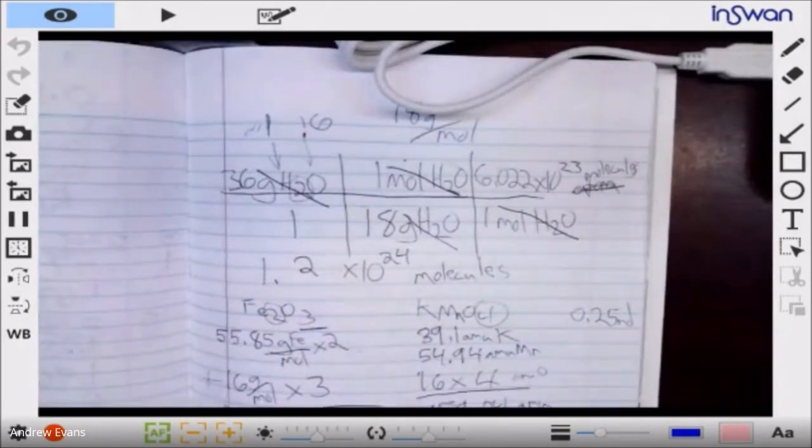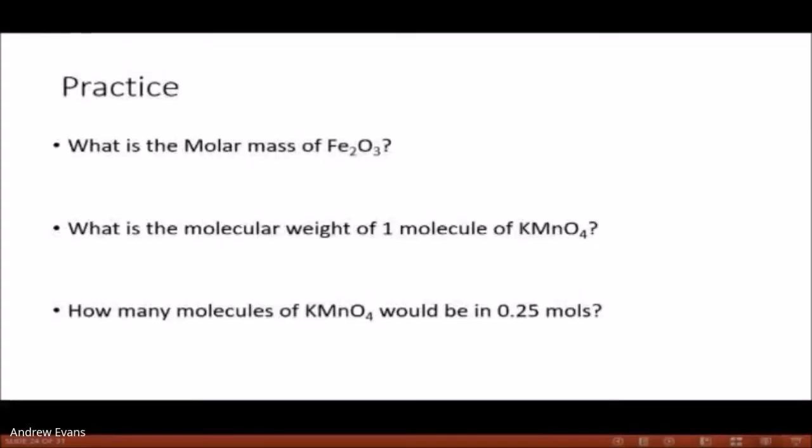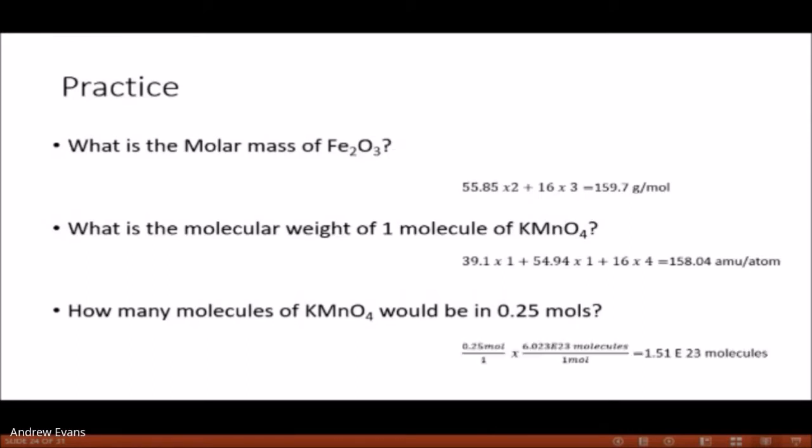Go back to the PowerPoint. And what we'll see, 39.1, 158.04, 1.5. All things considered, we need to know how to find a molar mass, and we need to know how to set up atoms to moles or grams to moles. You do that and you'll be in good shape for this chapter.